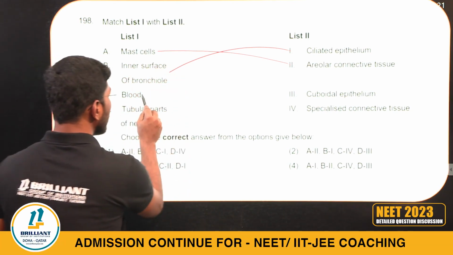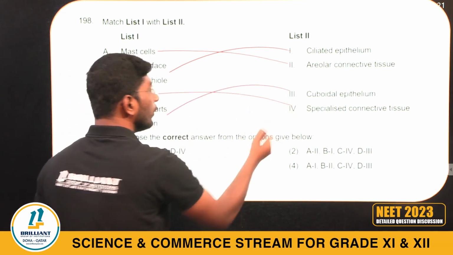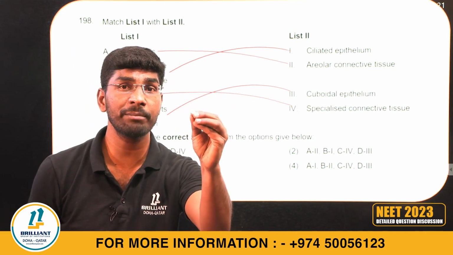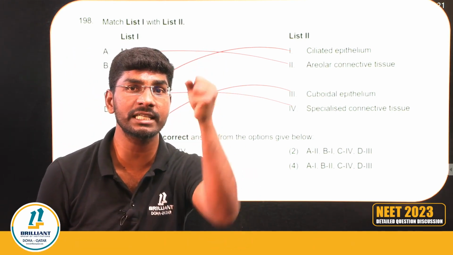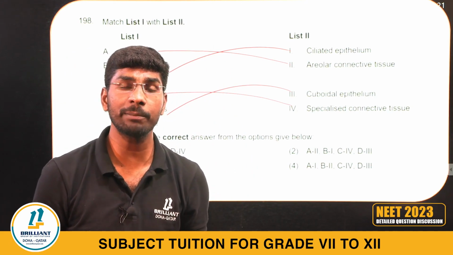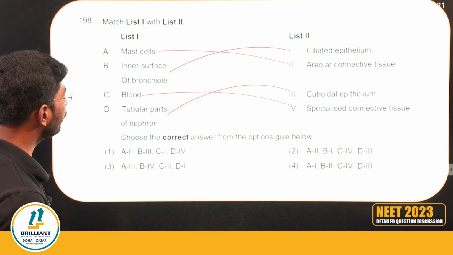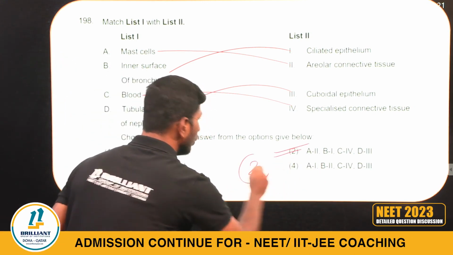Blood, special connective tissue. Tubular part of nephron, cuboidal epithelium. I shouted like anything in the class: PCT is made up of simple cuboidal epithelium with brush border, increased surface area, for reabsorption. So the right answer is 2, 1, 4, 3, option 2.